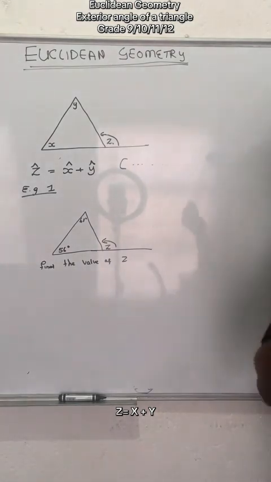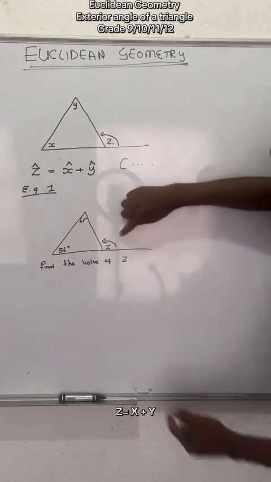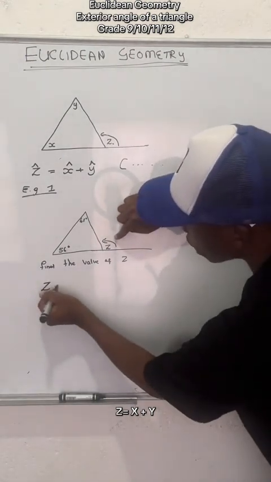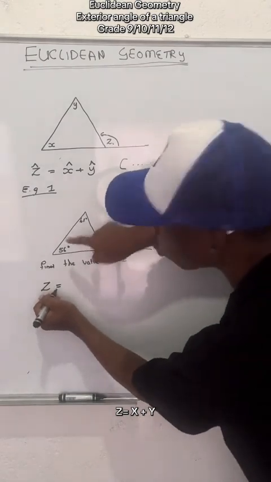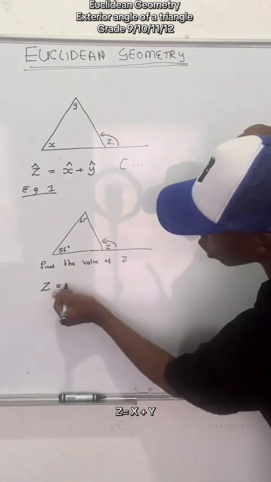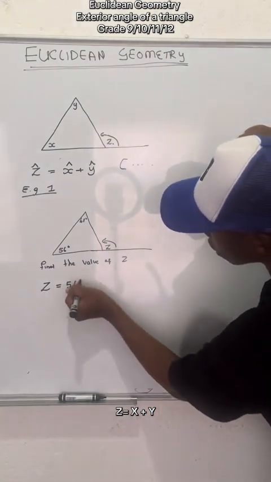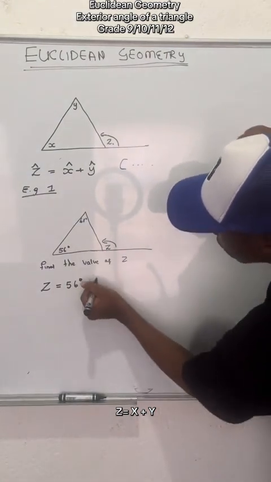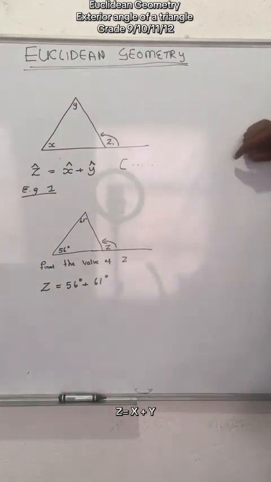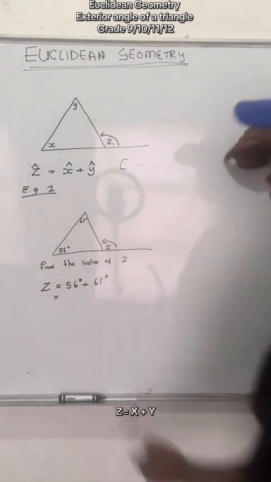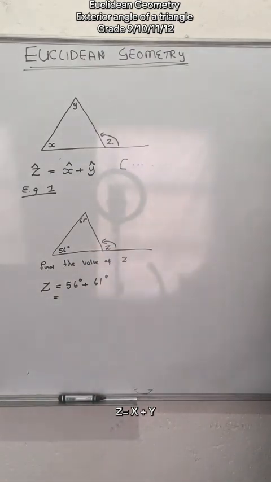Now, how are we going to find the value of Z? We follow the principle by saying, we know that Z is equal to the sum of the two opposite interior angles, meaning Z is equal to 56 degrees plus the 61 degrees. Now, you take your calculator and put this into your calculator. And what are you going to get?